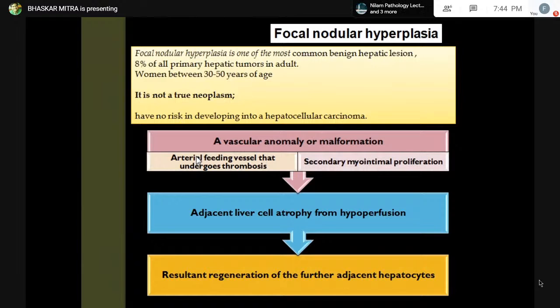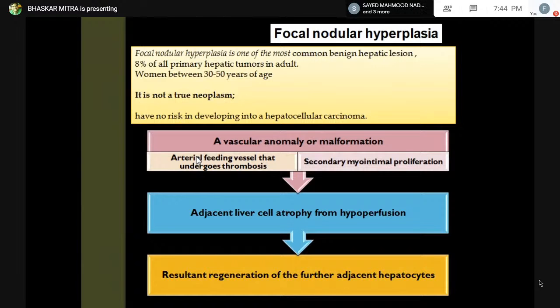Now this is not a true neoplasm. As the name states, it is a focal nodular hyperplasia, so there is a proliferation of the hepatocytes, but it is not a true neoplasm. Therefore, it has at least no risk of developing into hepatocellular carcinoma.